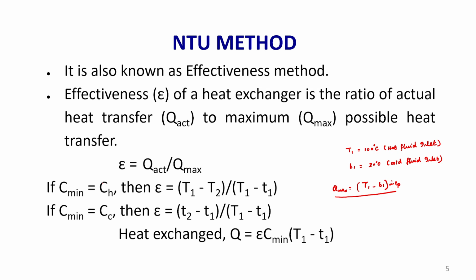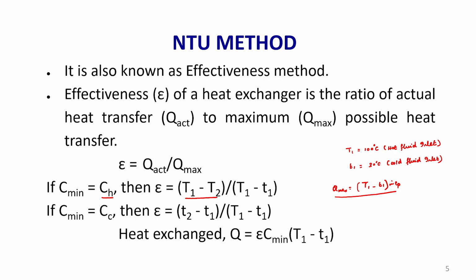So, suppose the minimum heat capacity corresponds to the hot fluid, that is C minimum equal to CH. Then in the effectiveness formula, in the numerator I will have only hot fluid temperatures T1 and T2. Capital T is hot fluid, small t is cold fluid. The denominator will be the same.